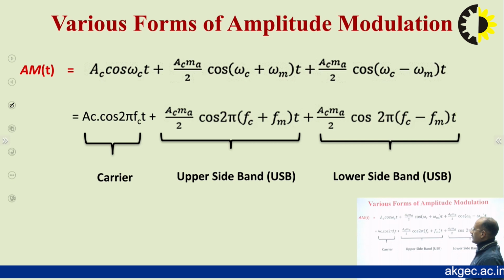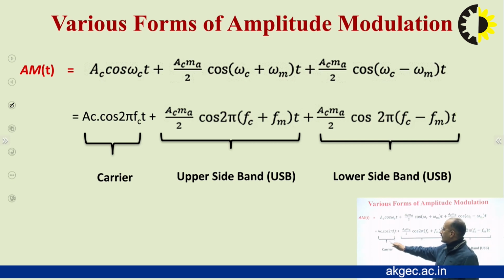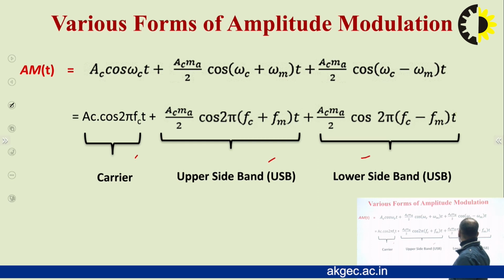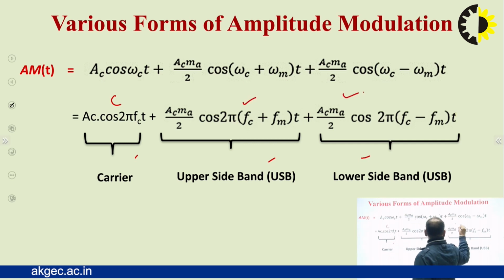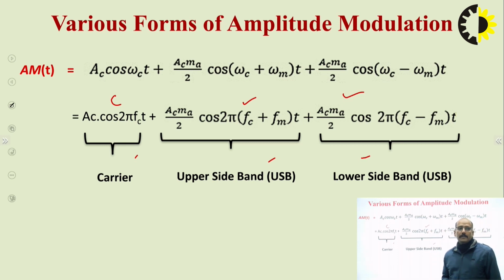So here you can see that this part is carrier, this part is upper sideband, and this part is lower sideband. When you discuss this result, you can see that this part is only the carrier, whereas the sideband parts actually have the message information, means the sideband magnitudes carry the message. Another point is that both sidebands are replicas of each other.